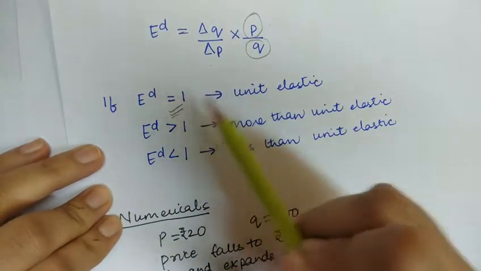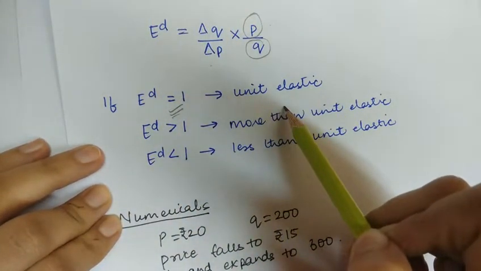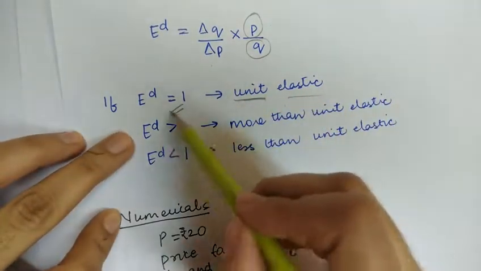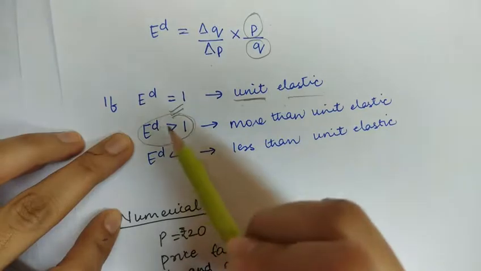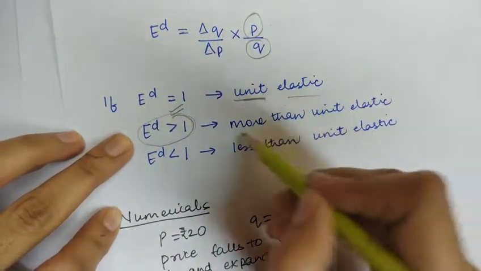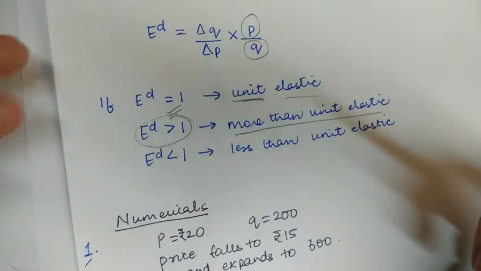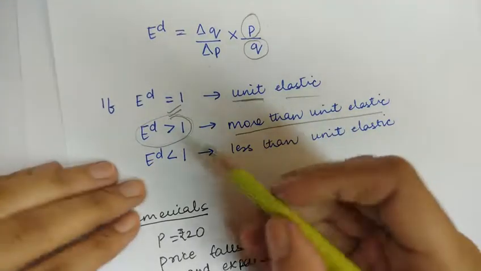If we calculate the elasticity of demand using this method and we get it equal to 1, then we say that the elasticity of demand is unit elastic. If the elasticity of demand is greater than 1 from the calculation, then we say that it is more than unit elastic, that the demand is elastic.